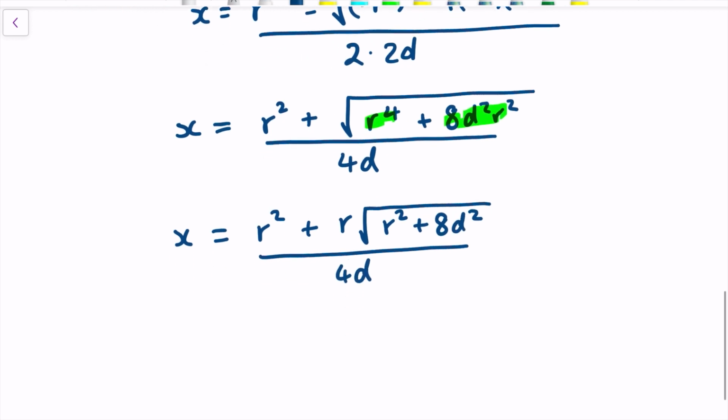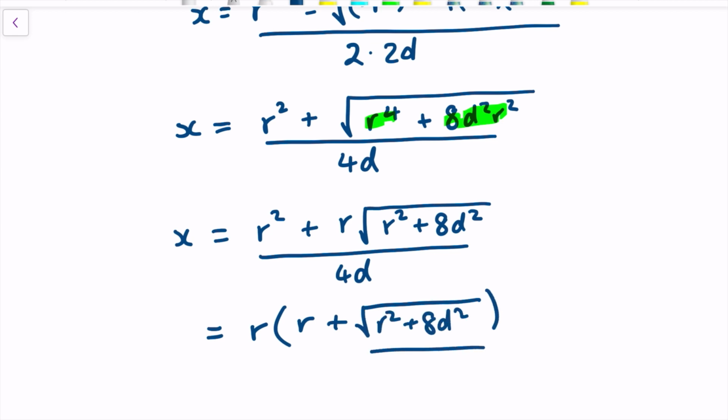And there's another common factor in this expression of r. So r times r plus the square root of r squared plus 8d squared, all over 4d. I have a feeling that expression's written in that format, so it's a little bit disguised, and we actually have to think about how to get to it, but that is the correct answer.